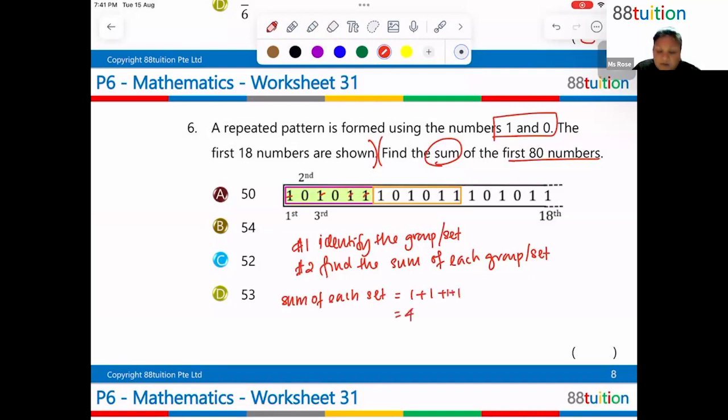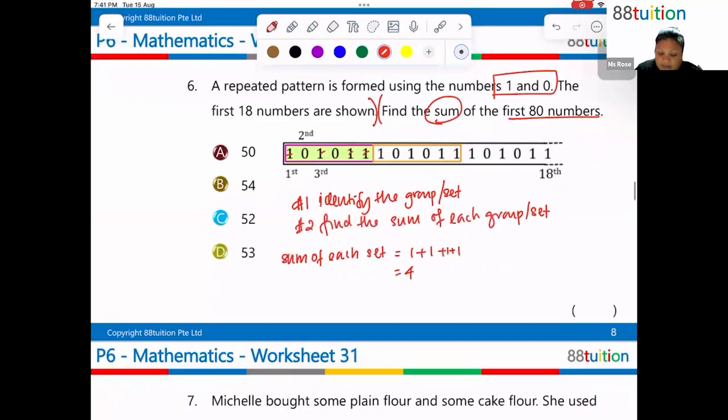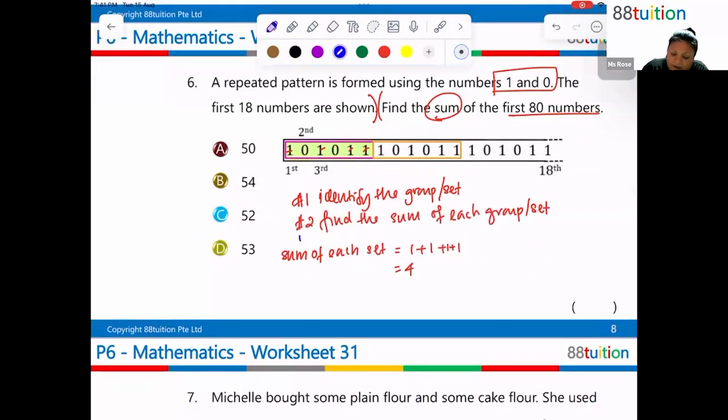So now the next step is to find the number of sets. In the first 80 numbers, the number of sets of how many numbers? 1, 2, 3, 4, 5, 6.